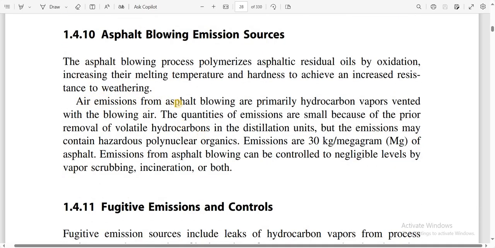Air emissions from asphalt blowing are primarily hydrocarbon vapors vented with the blowing air.